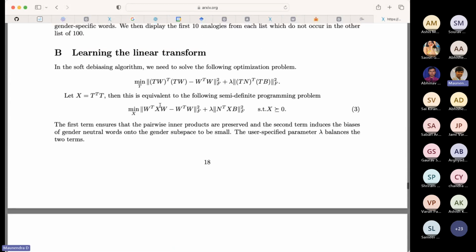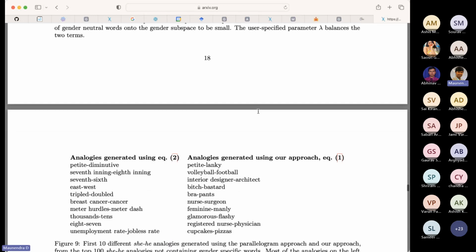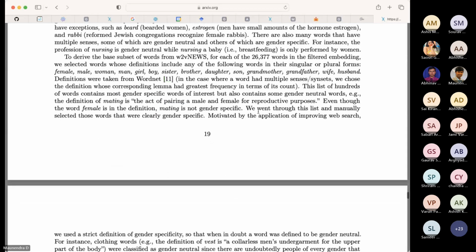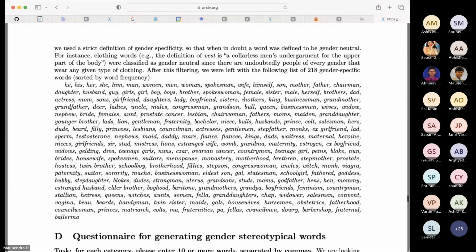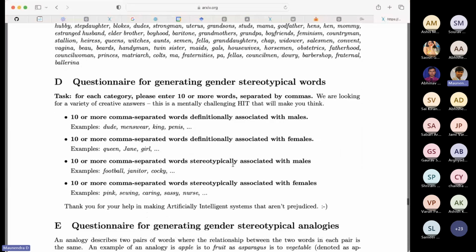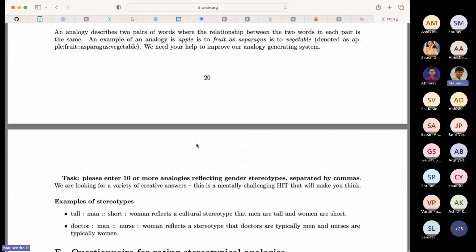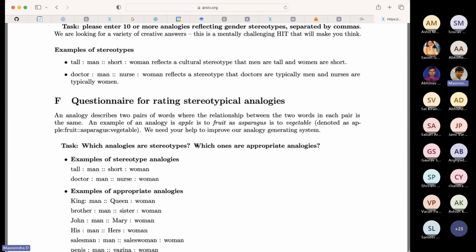Then there is soft debiasing, and words which are gender specific, and how they had a questionnaire to come up with the list from crowd workers.